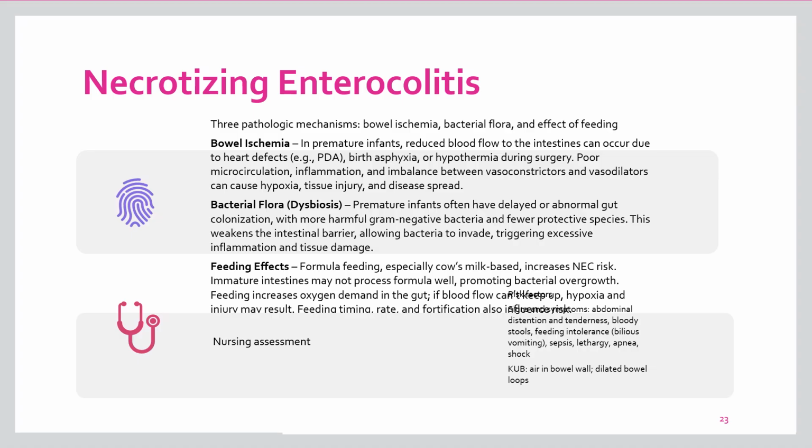In nursing assessment, look for abdominal distension or tenderness, bloody stools, feeding intolerance, bilious vomiting, or sepsis, lethargy, apnea, shock. When we do the KUB, it shows air in the bowel wall and dilated bowel loops. That also raises suspicion of necrotizing enterocolitis.